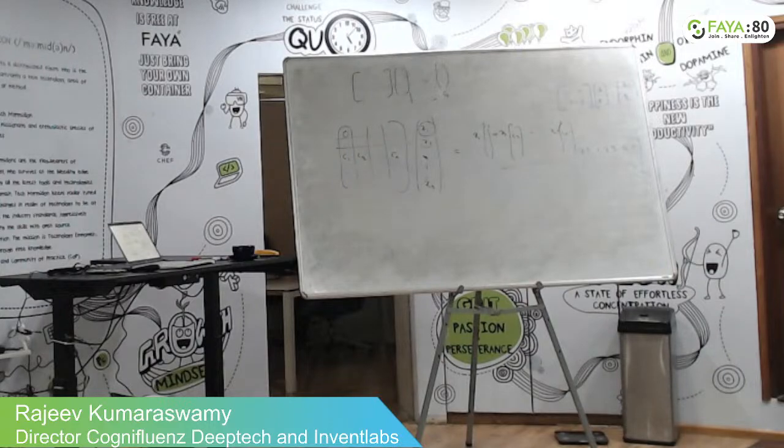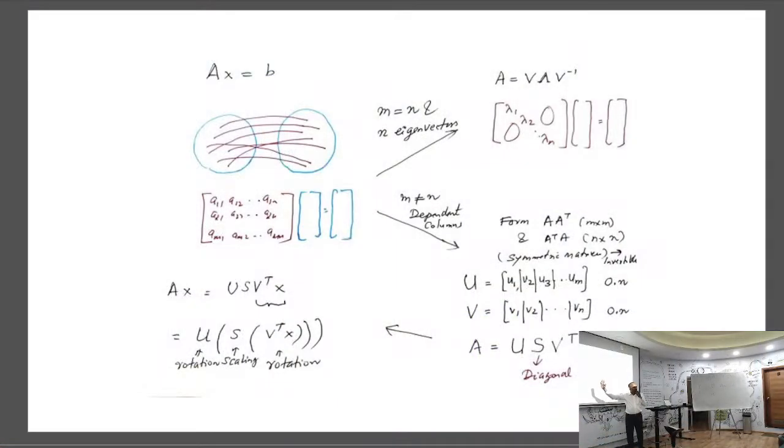If the columns of your matrix are linearly independent, all of them, so you have n linearly independent vectors, you take them, stack them together, and do the eigen decomposition.